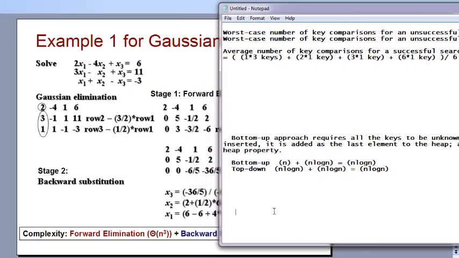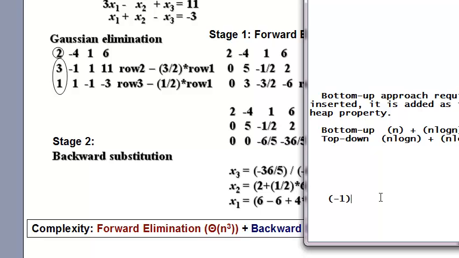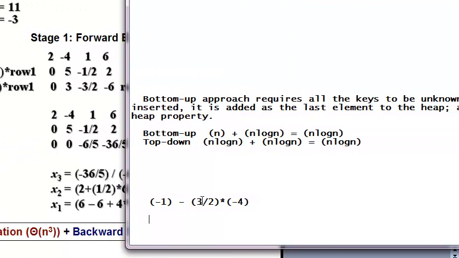Then negative 1 minus 3 over 2 times negative 4. So that's going to be negative 1 plus 3 over 2 times 4. Now you have 3 times 2, which is 6, so that's going to be 5.